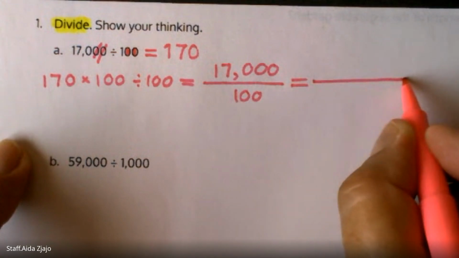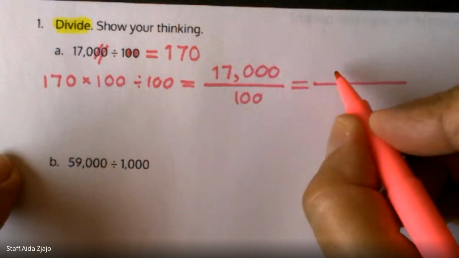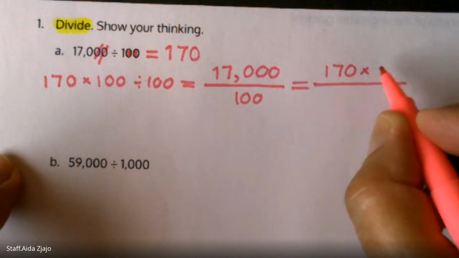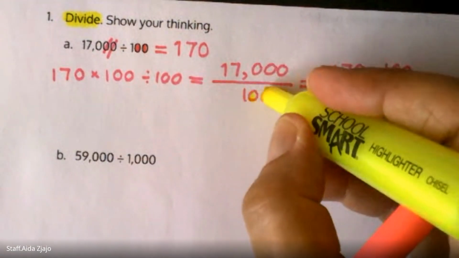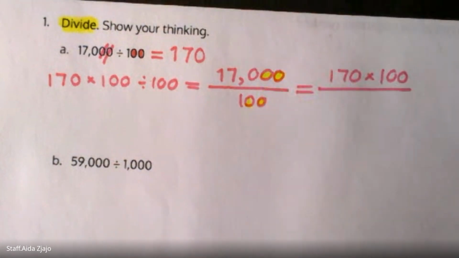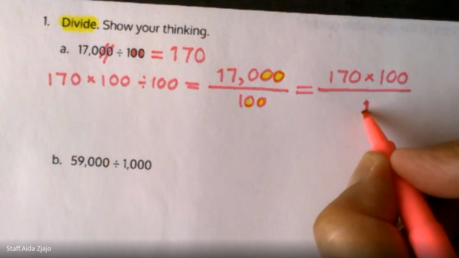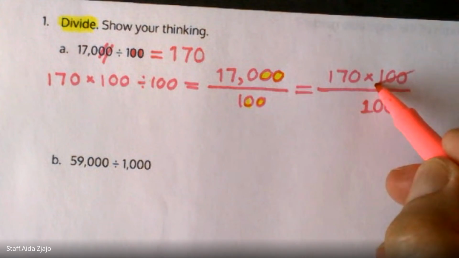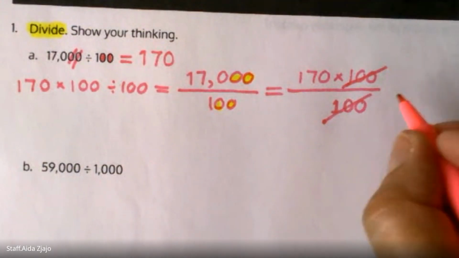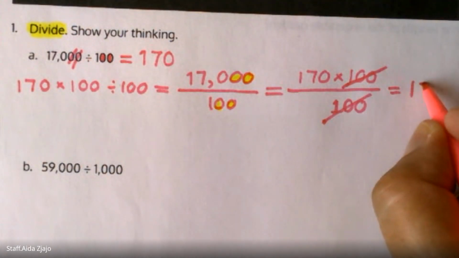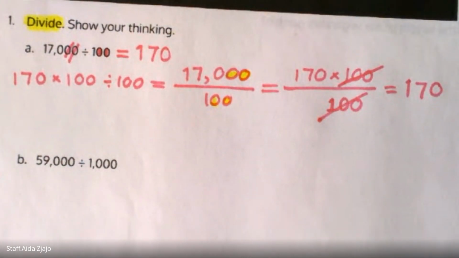So you can separate this into 170 times 100, because you want here to be 100, same as on the bottom. And then this is division by 100. So now you can see 100 divided by 100 is going to give you a 1, and 1 times 170 is 170. So that's one way to see that.